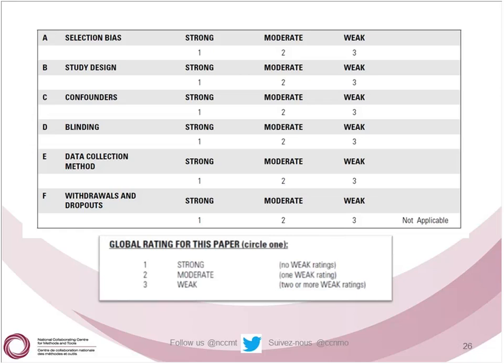I believe it's probably something more like four strong and two moderate, no weaks, would result in a strong. Three strong, three moderate is likely going to end up being a moderate. This is additional information we can look into and post with the materials for today.